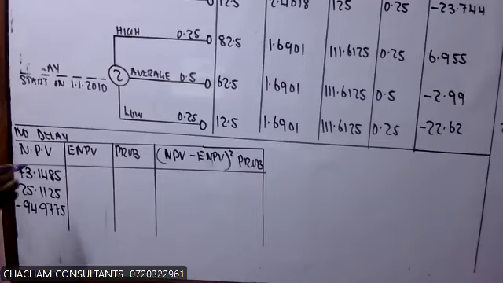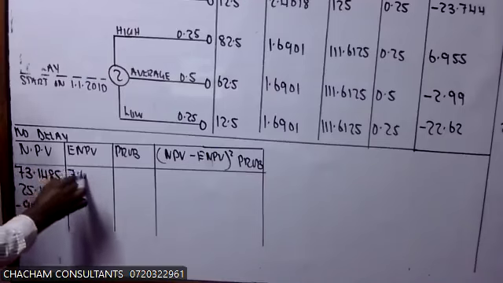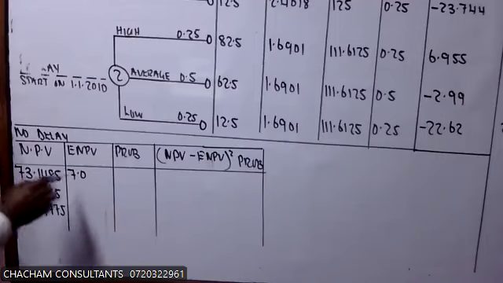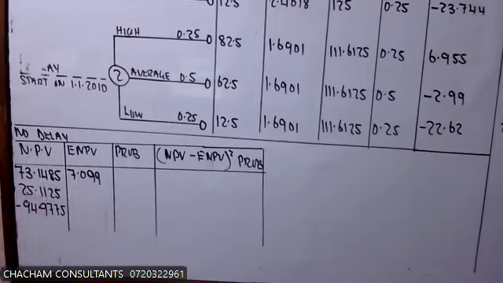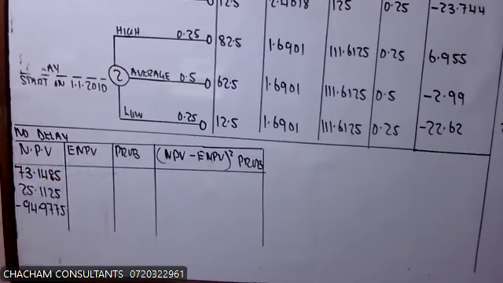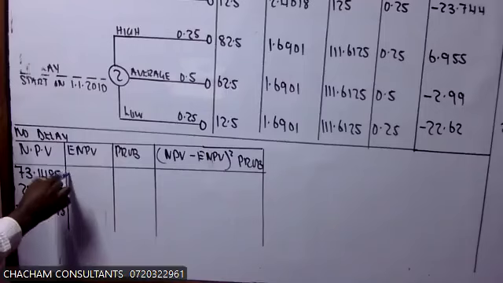So 7.099. Oh, I think I'm getting it wrong. Okay, nimejua. So we are supposed to raise the specific expected one there.